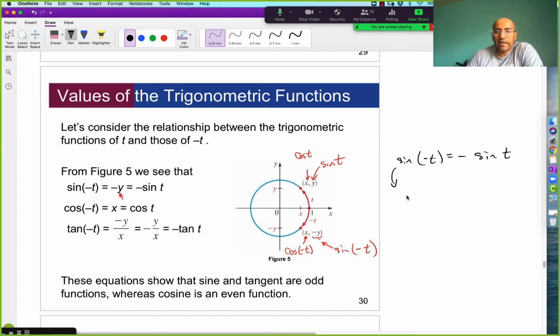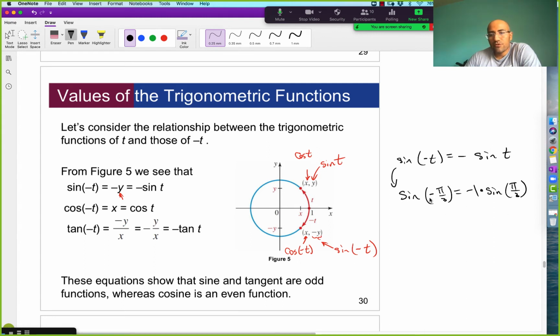So what this is saying, for example, let's stick to radians, sine of negative pi over 3 is equal to negative 1 times sine of positive pi over 3.